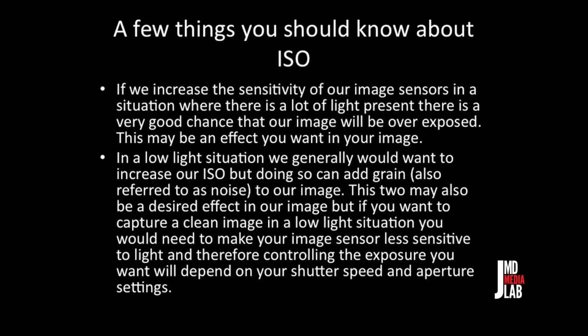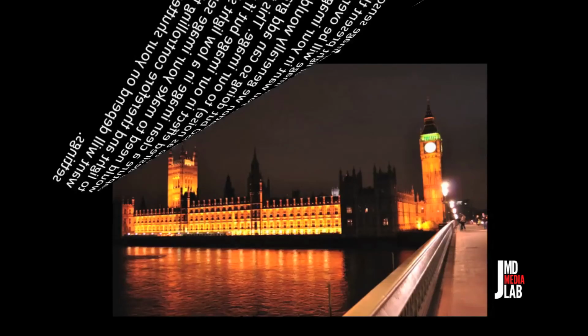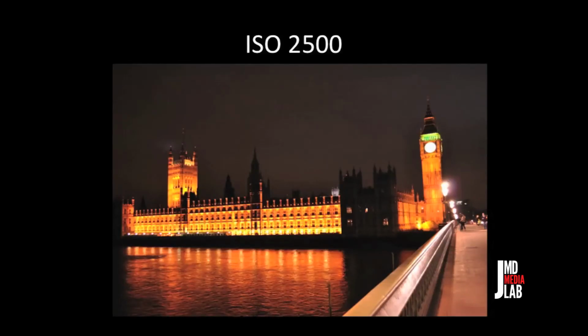Now, in a low light situation, generally we want to increase our ISO, but doing so can add grain, also known as noise, to our image, which means that when we're looking at it, it looks like there's dust speckles all over the picture. Now, this also may be a desired effect.